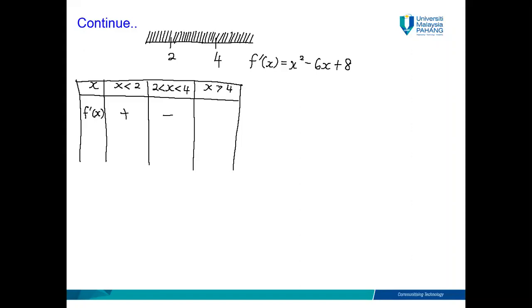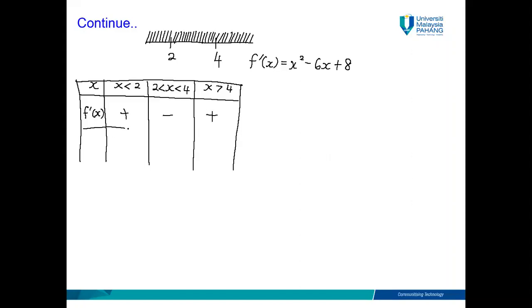For x greater than 4, I take the nearest, which is 5: 5 squared 25 minus 5 times 6, 30, plus 8. You will get positive.